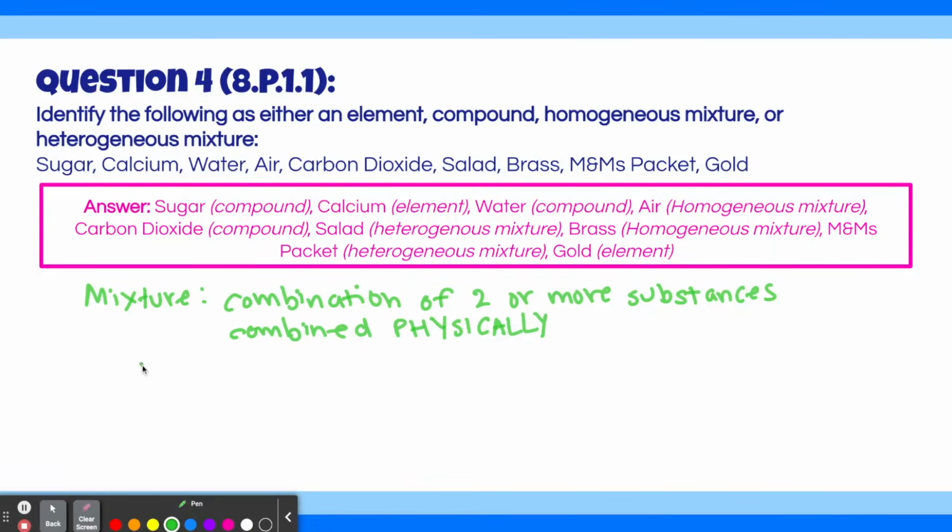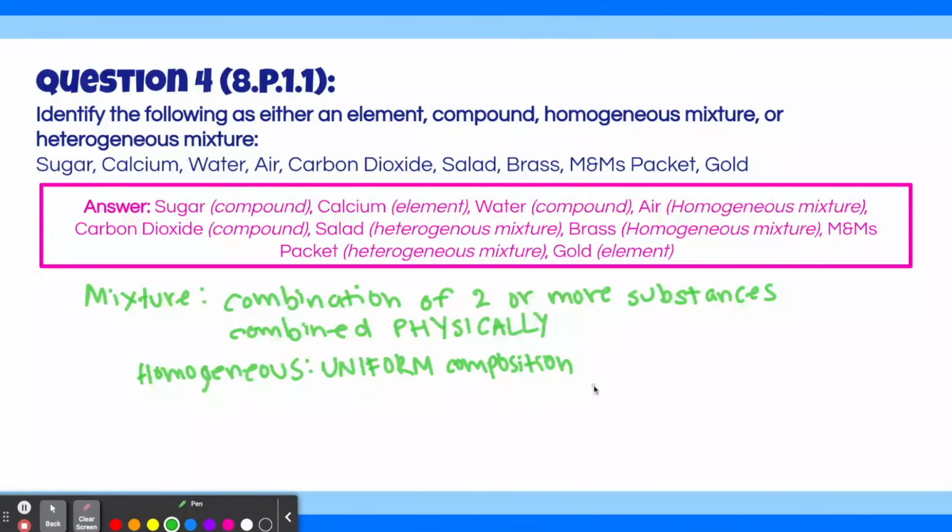The two types of mixtures are homogeneous and heterogeneous. We're going to look at homogeneous first. In a homogeneous mixture, it has a uniform composition. That's just like a compound, where it has the same ratio of all of its elements no matter what sample you take of the compound.